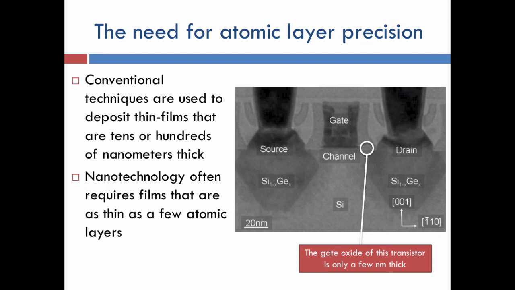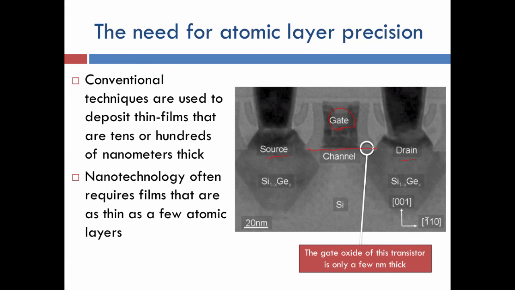So for example, there's a picture here on the screen in the slide that I prepared of a transistor, and these are the kinds of transistors that we can purchase even right now. So here we have a source, a drain, and then a gate, and of course the gate controls how much current passes between the source and the drain. And if we look really close here, I'm going to cover it up with my single line here.